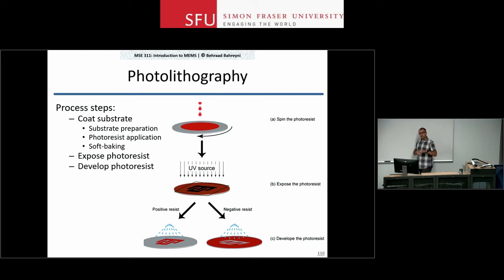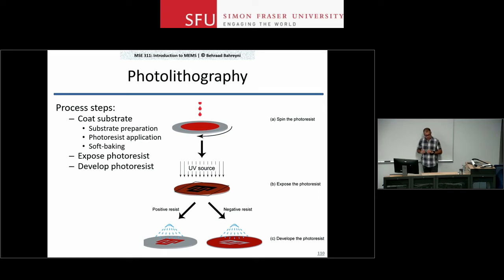So the two photoresists use different chemistries, but at the end of the story, depending on which one you use, you will have a positive image of what you had on the mask on your wafer, or a negative image of what you had on the mask on the wafer.